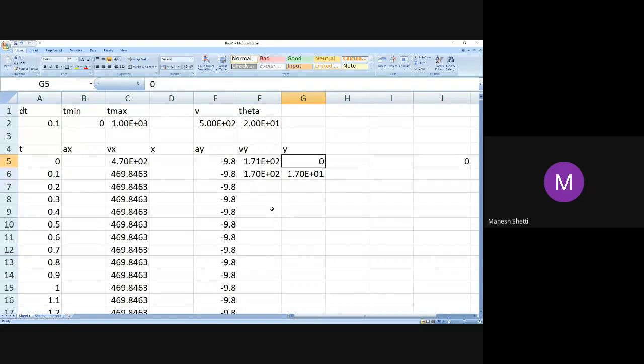The initial y position is 0, and the initial x position is also 0. Here also I have to write a formula, C5 plus B6 into $A$2. And this is going to be 0. So the accelerations, horizontal accelerations, are all going to be 0 initially. Later I will introduce damping also, and at that time it is not going to be 0.